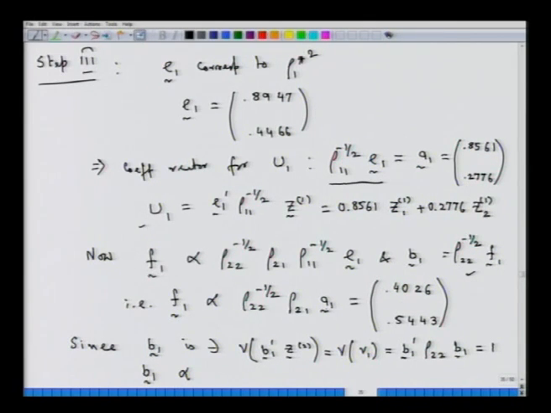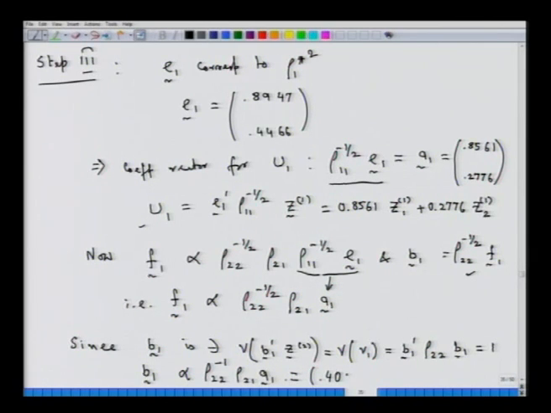So B1 is proportional to rho 22 inverse rho 21 times A1. I am sorry, this is not this particular term, this is just this term. F1 is proportional to this, which is coming by looking at this term to be just equal to A1, and since B1 is equal to rho 22 to the power minus half times F1, we will have B1 proportional to rho 22 inverse times this, and this vector, the final vector, turns out to be the previous vector that I had written earlier.